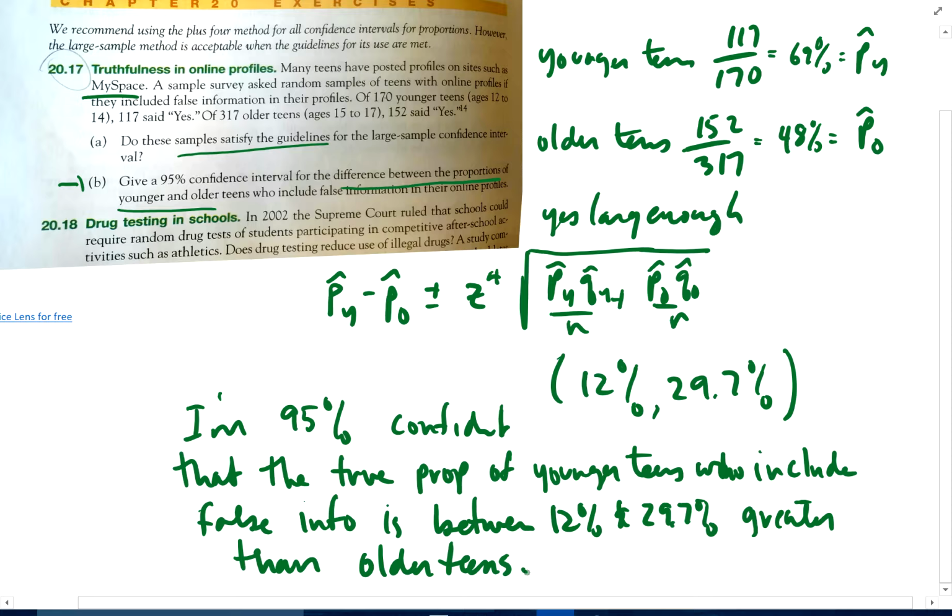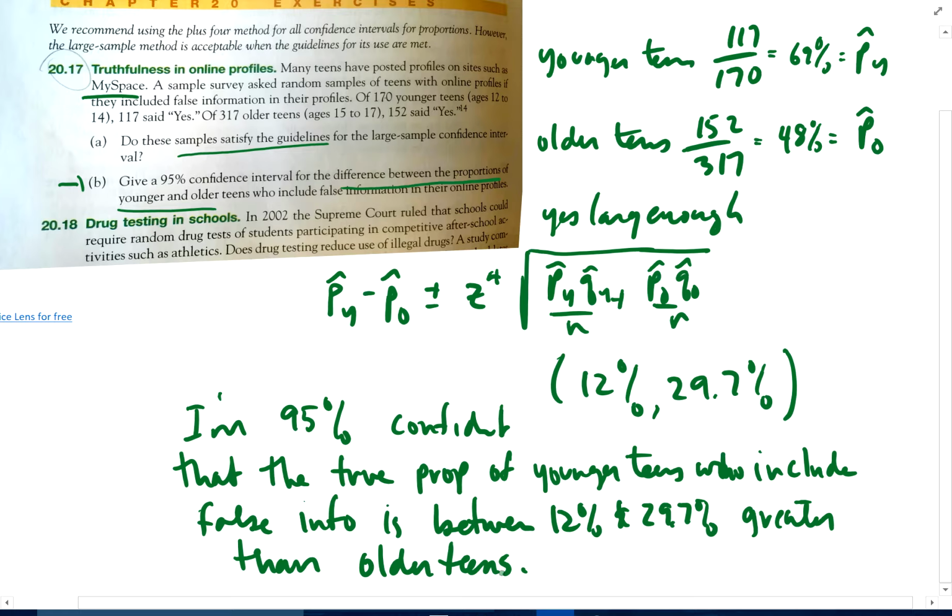Now that's much easier to understand, I think, than saying the difference is somewhere in this interval. I think this just makes sense to say the true proportion of younger teens who include false information is between 12 and 29% greater than the older teens. Does that make sense? Okay.